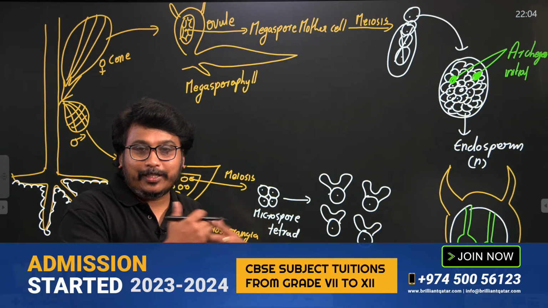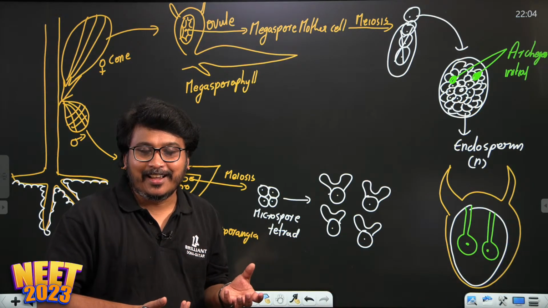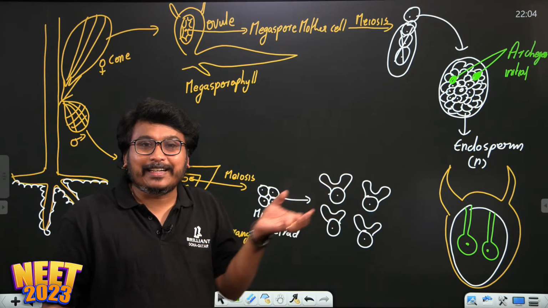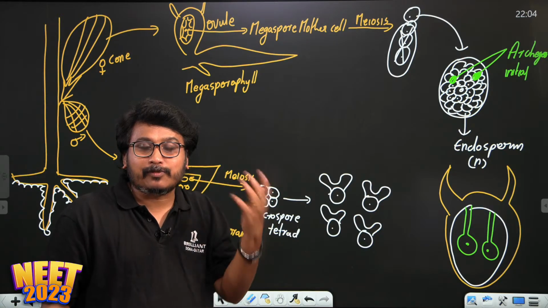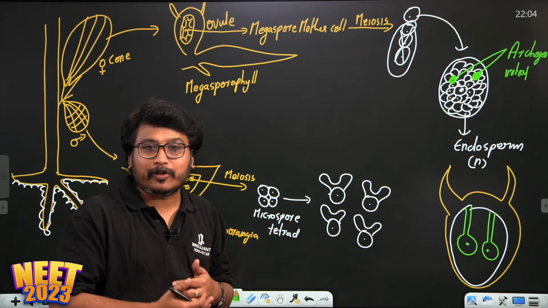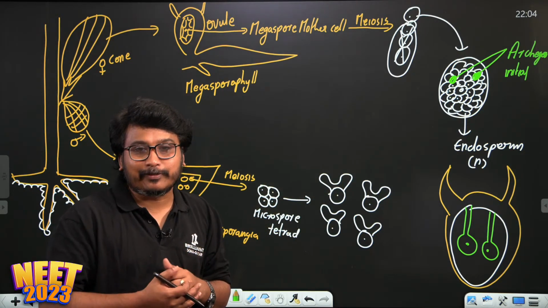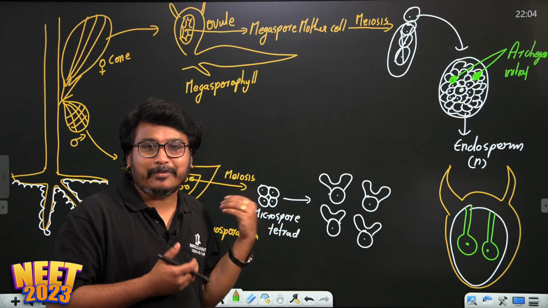Related to this concept, we have to discuss many questions in the cell cycle chapter. When we enter the cell cycle, we will tell you some chromosome number in an angiosperm or gymnosperm and ask what is the number of chromosomes in the endosperm of a gymnosperm, or in the endosperm of a particular angiosperm. Like that, calculation questions will come. So at that moment it is better you learn it from here.